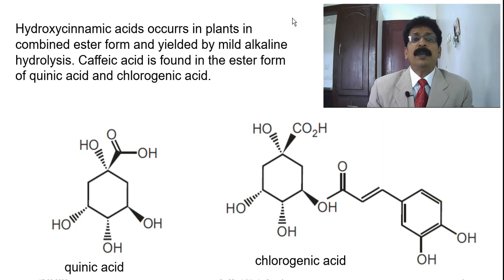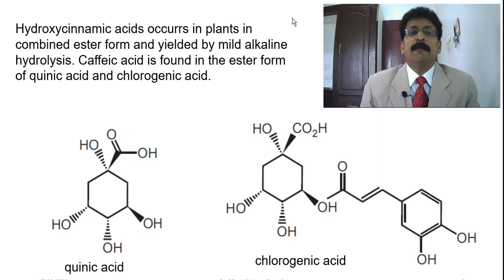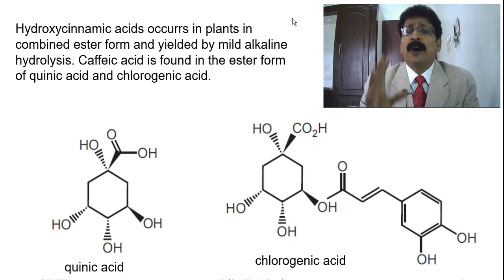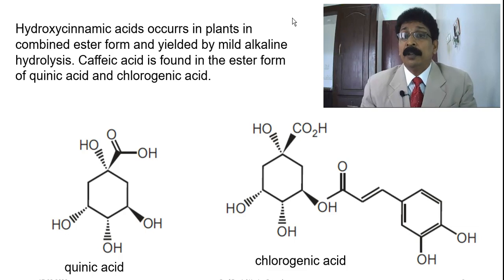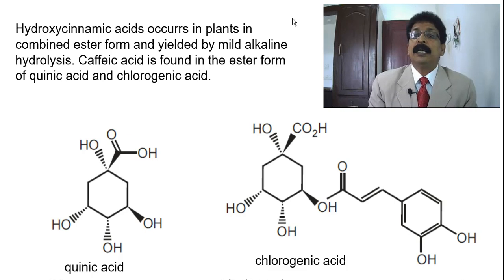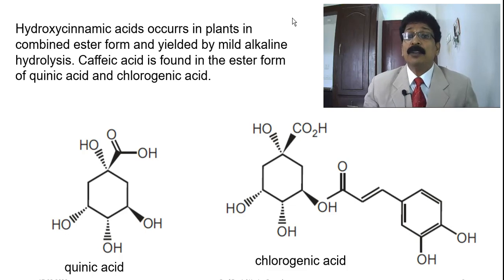So now we are coming to hydroxycinnamic acid, which occurs in plants in combined ester form. First, what do you mean by ester form? The basic chemistry should always come into your mind. Then it will be easy to study any type of advanced chemistry, pharmacognosy, plant chemistry, and even basic chemistry.